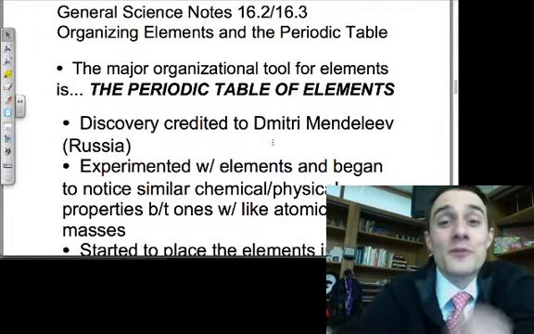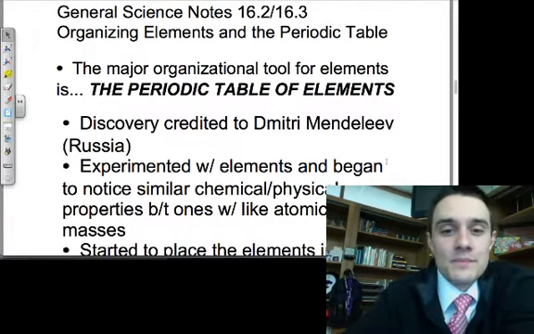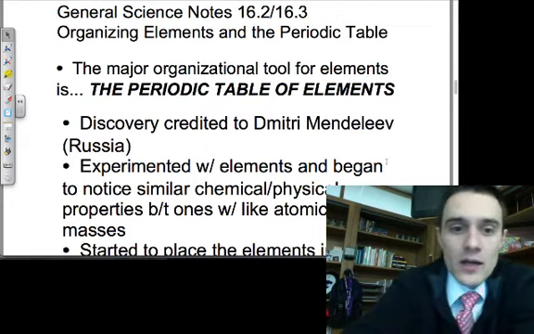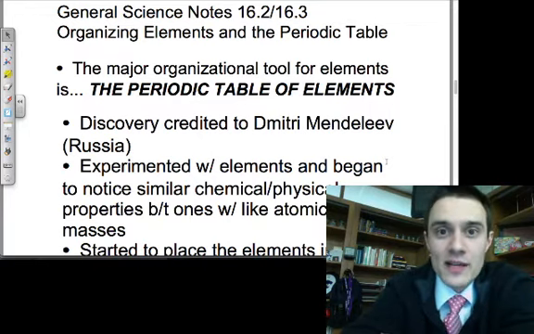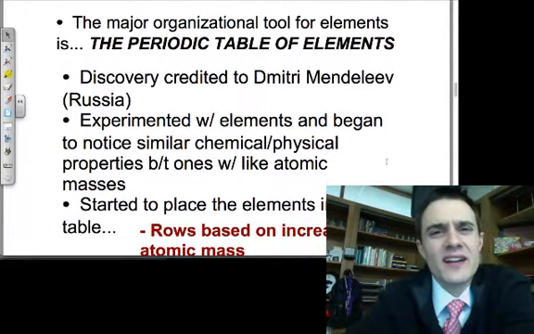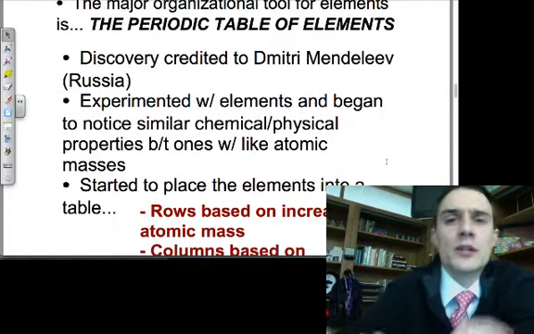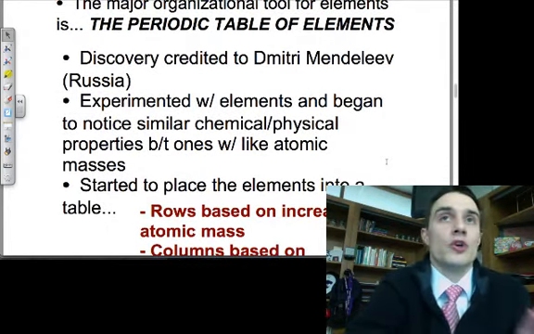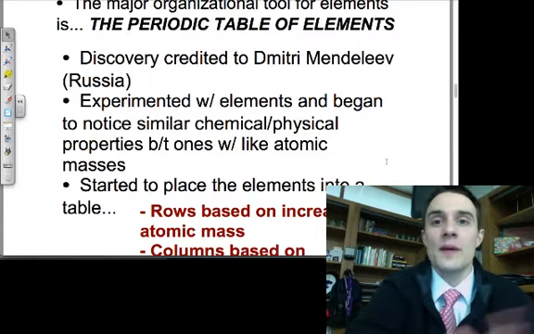And let's continue on with the periodic table of elements. Discovered and credited to a guy by the name of Dmitri Mendeleev, some Russian, so if you want to try to pronounce that with a Russian accent, go ahead. What he did was he started to experiment with elements, and he noticed that there was a similarity between their chemical and physical traits if they were close in atomic masses.